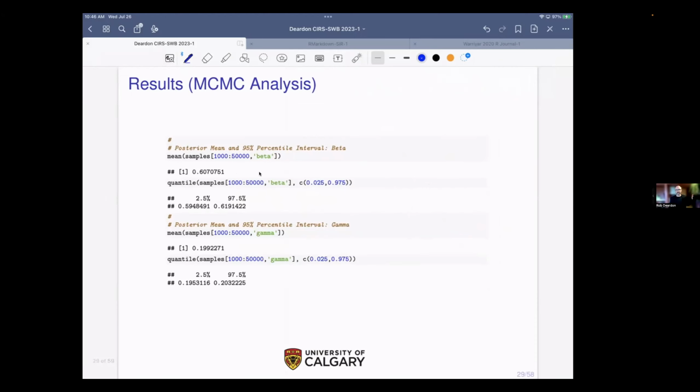And then I can do things like just find the posterior mean. So it's 0.61 for beta, 0.20 for gamma, so very close to the true values. And I can get my credible intervals. So here I've just got percentile intervals, the 2.5 and 97.5th percentiles of my posterior, which are obviously capturing the true values.